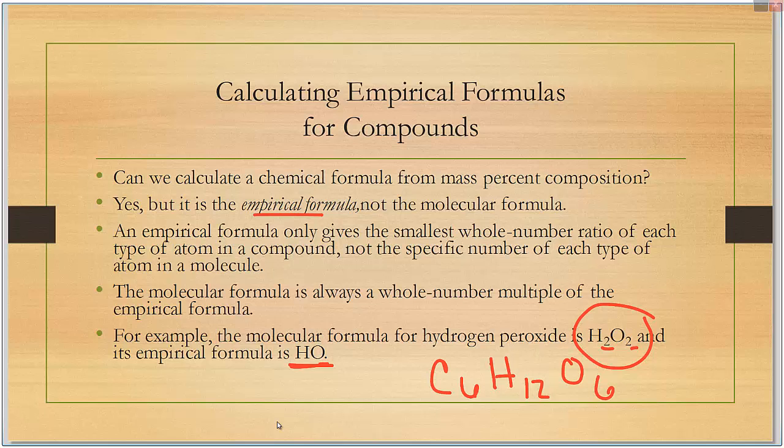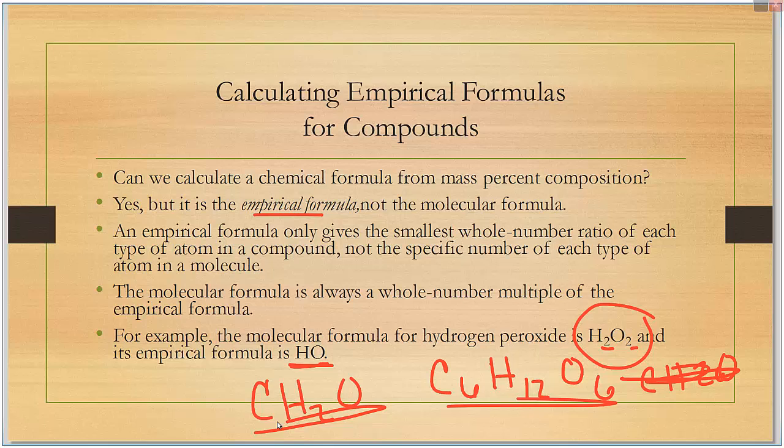You can reduce that down to just CH2O. The empirical formula is the most reduced form, whereas the molecular formula is not. It is possible for them to be the same, but not always.